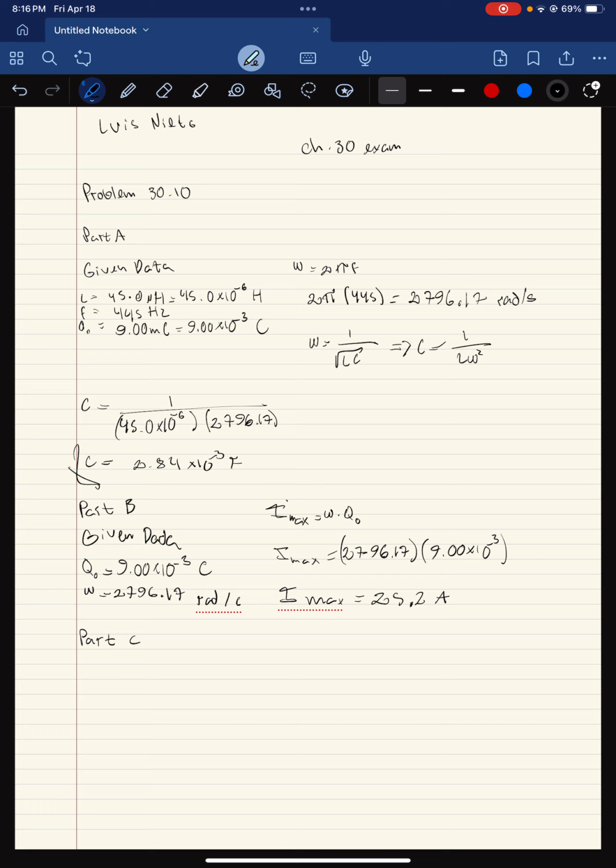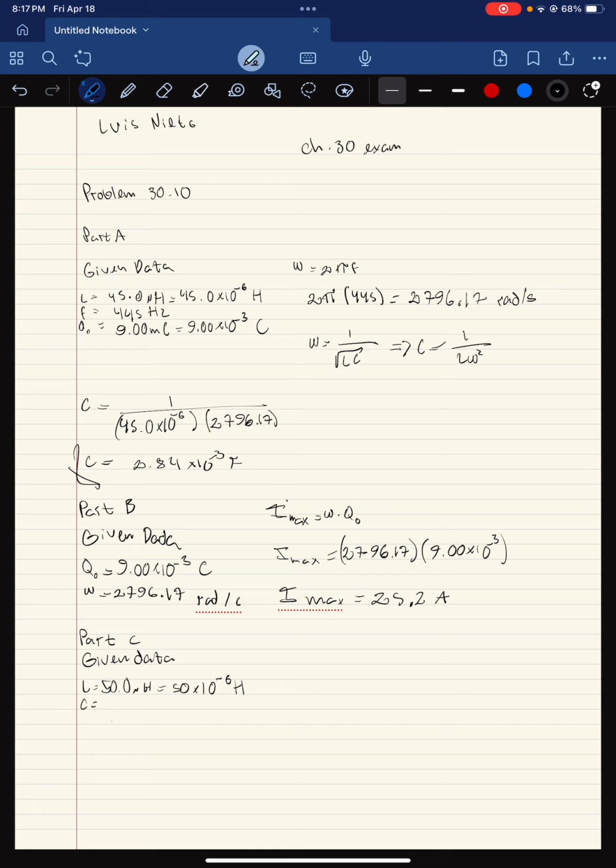All right. The given data that we have. Let me write it down so I have space right here. Given data of the inductance, that is 50.0 microhenries. Let's pass it to henries, 10 to the -6 henries.